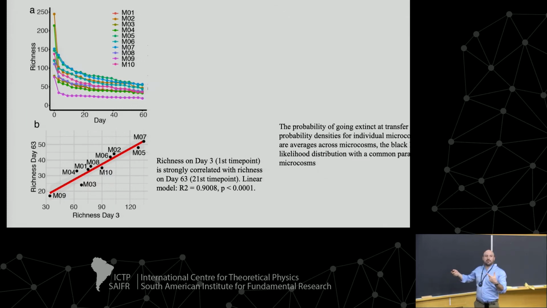I was really puzzled by this, actually. For example, this community, MO9, at an initial time point, which we will discuss, by the way, is not time 0, it's day 3, has a low number of species, and at the end it's pretty much proportional. Compared to, for example, the 6 or 2 or whatever, which have a high number of species, they end up also with a high number of species.